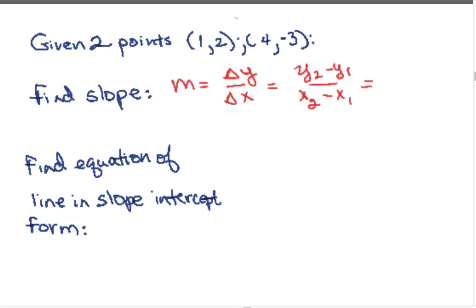And I'm going to call this point 1 and call this point 2. So y2 would be -3 minus 2 over 4 minus 1. Make sure you keep track of which one goes with which. So here we have -5 over 3 as our slope.